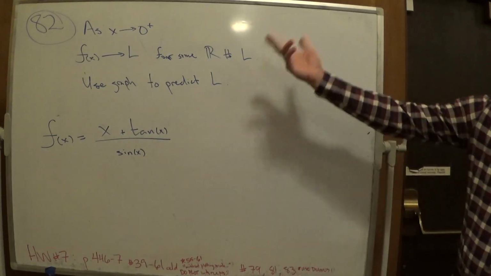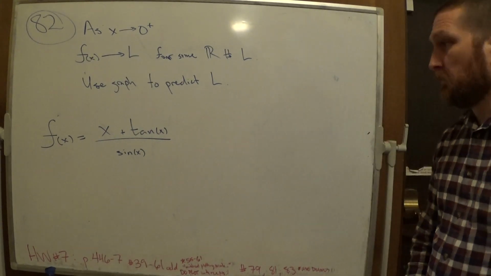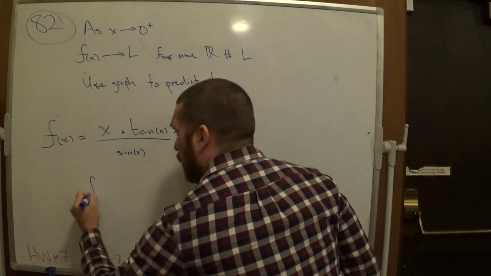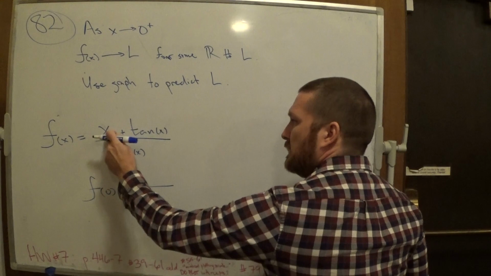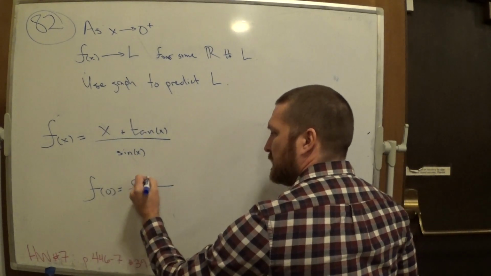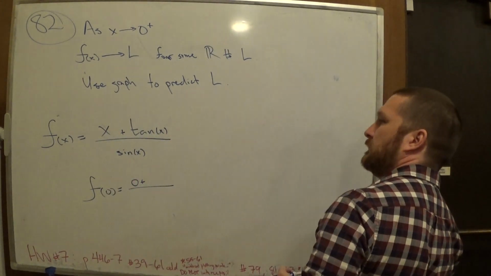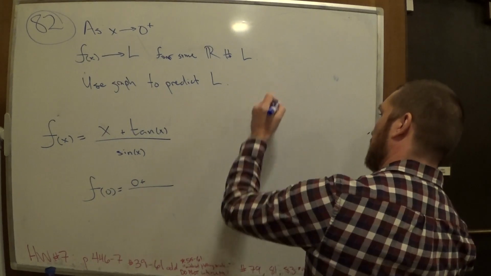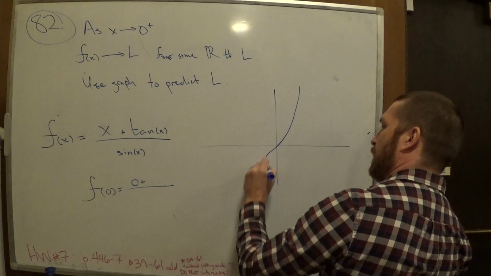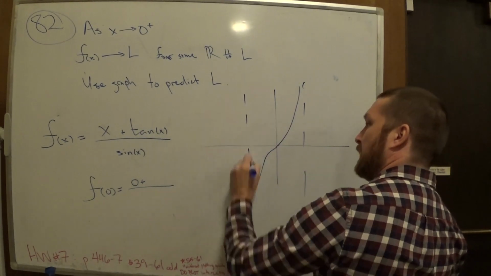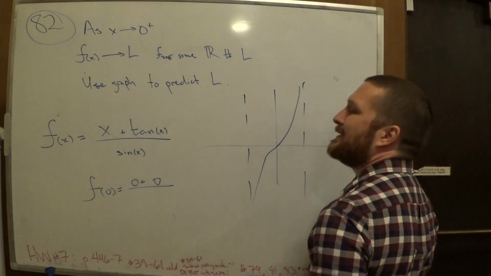But if you say, well, let's just see what happens when we plug in a 0. What is f of 0? Well, 0 plus, what's tangent of 0? Undefined? Think about the graph. Oh, it's 0. So it's just 0. Okay, so 0 plus 0. What's sine of 0?